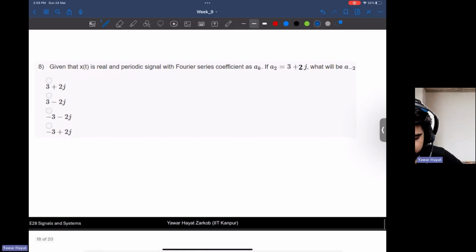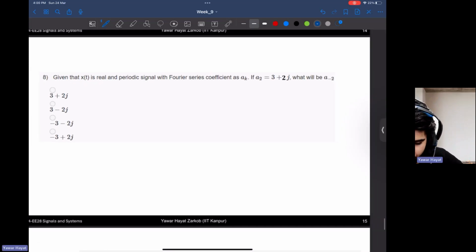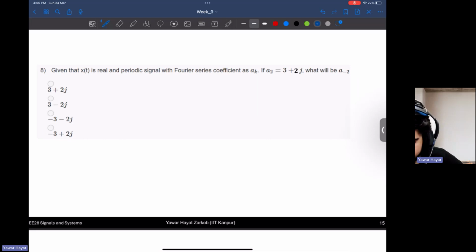Given that x of t is a real and periodic signal with the Fourier series coefficient as ak, if a2 is equal to 3 plus 2j, what will be a minus 2? So x of t is real and periodic, and it has Fourier series coefficient ak.